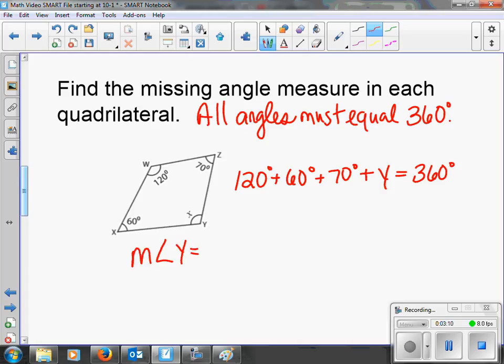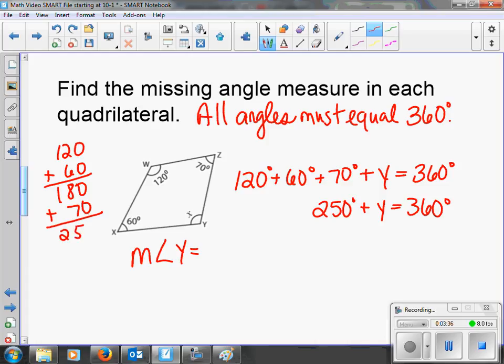Okay, so we add up, we get 120 plus 60 is 180, plus 70 is 250, plus y equals 360. So again, on the side here, if you got a little bit distracted in what I was doing, I did 120 plus 60 is 180, and then plus 70 is 250.